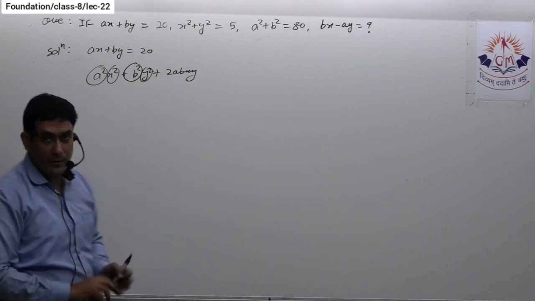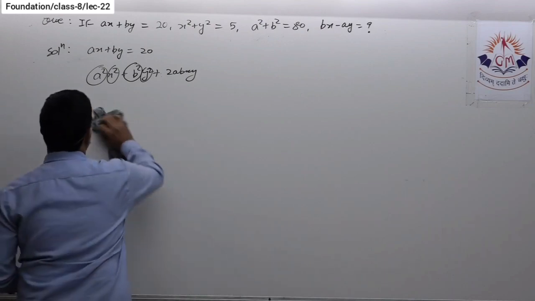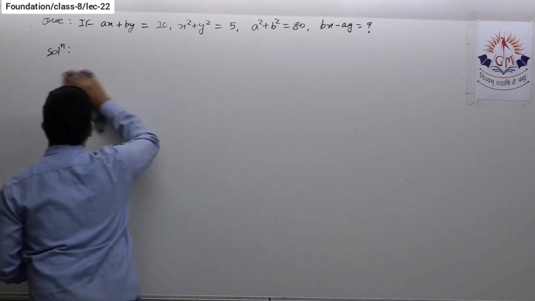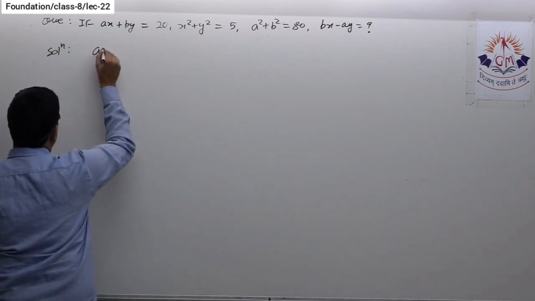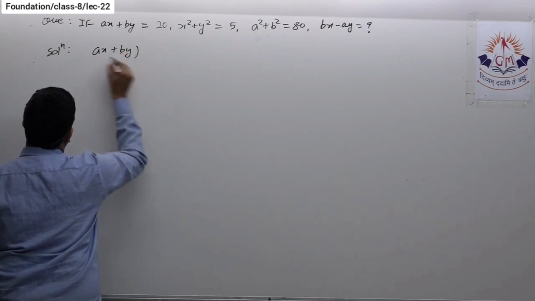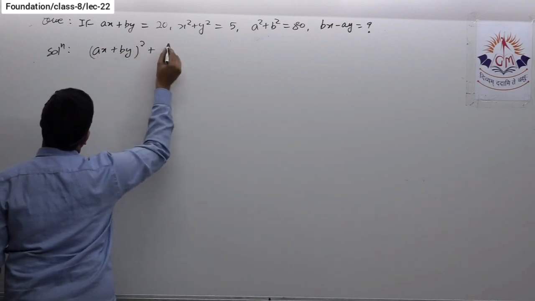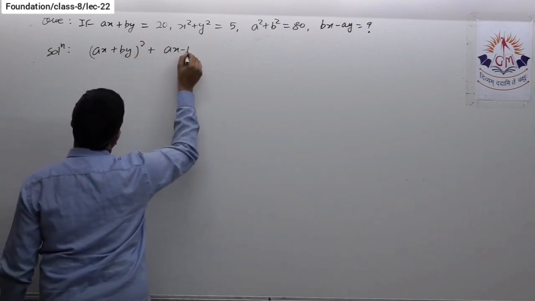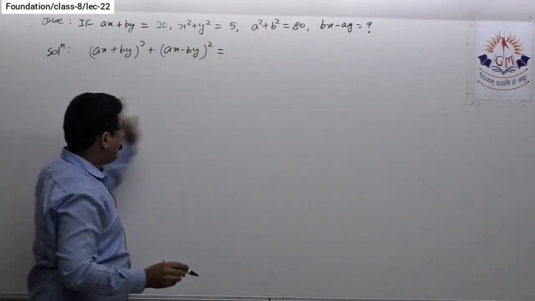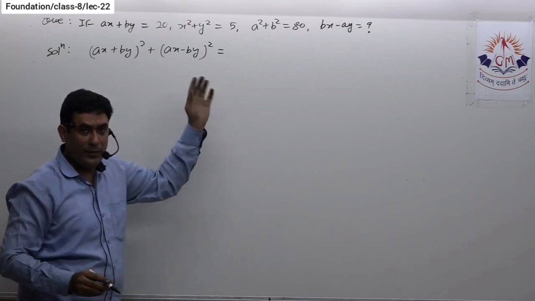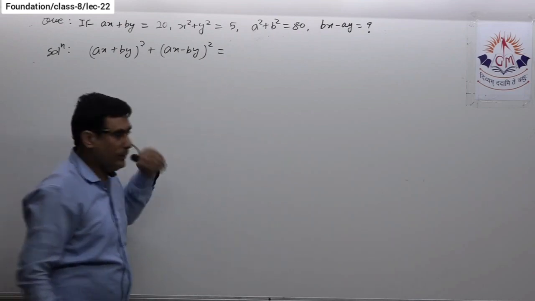I do not have the individual values of a square, b square, x square, y square. So how to solve this? See, if I start with ax plus by whole square plus ax minus by whole square, now simply I expand this with the help of the identity of a plus b whole square.